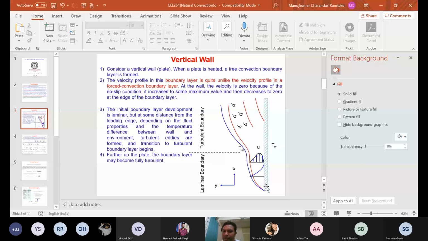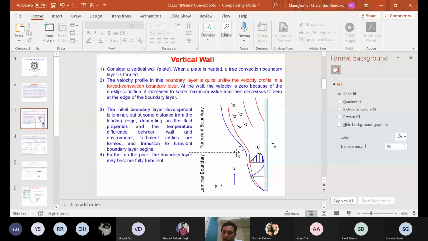What is going to happen is over a period, the fluid elements which are very close to this wall are going to get heated, and we are going to have a thermal boundary layer like this. Because of this temperature difference, there will be a change in the density of the fluid element, and that is going to cause the motion of the fluid in an upward direction.